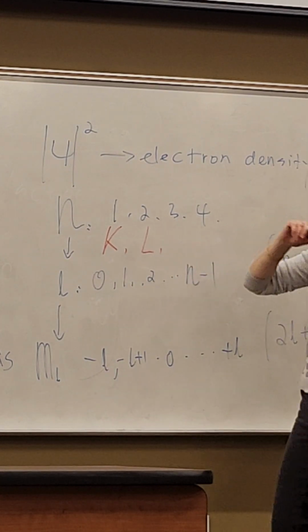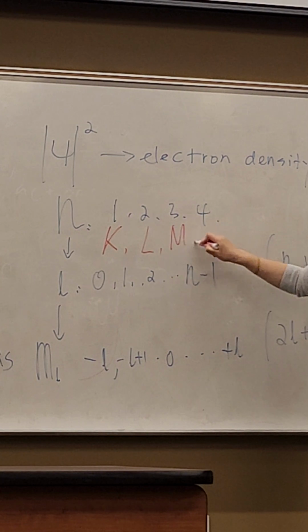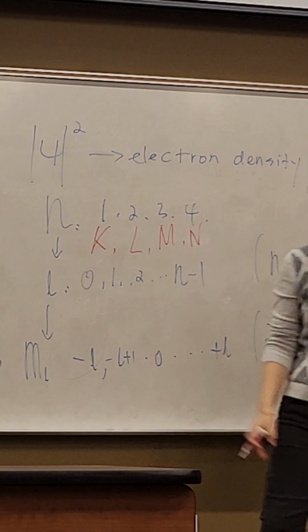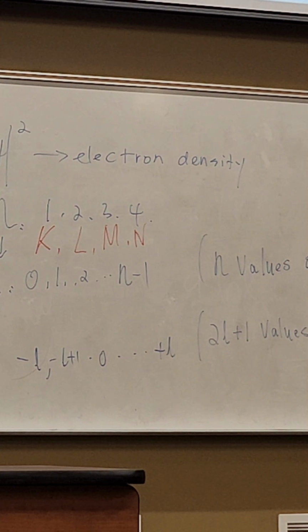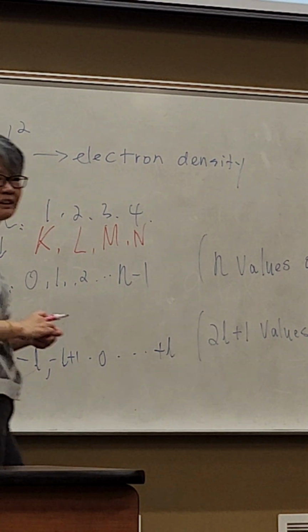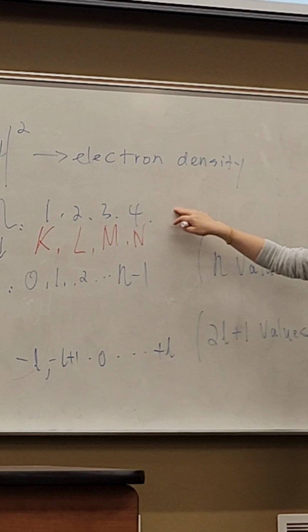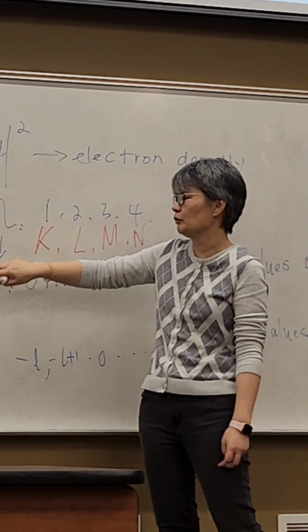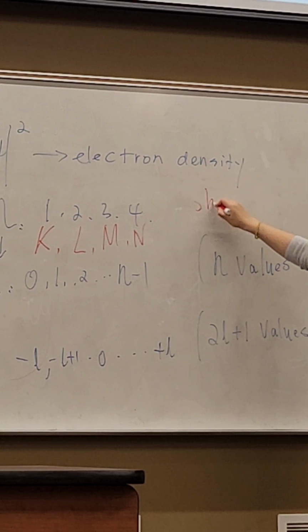If n equals 2, it is in the L shell, then M and N, right? You can keep it going, and that's fine, but typically we deal with systems up to shell 4, since N is pretty large. Okay, now after the main shell, because n restricts l, l is going to form, so this is your shell.